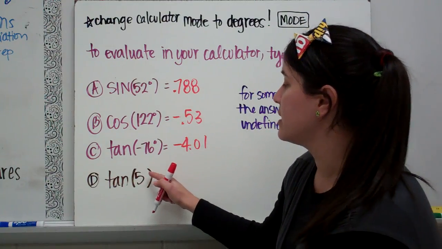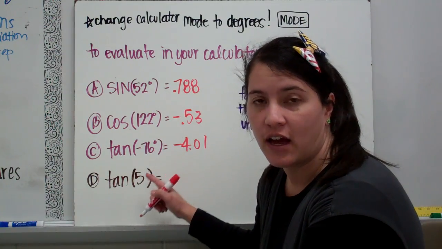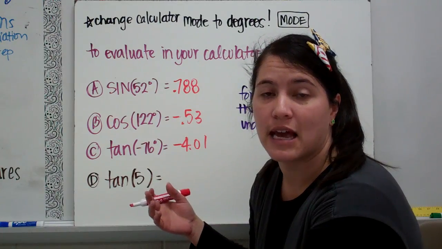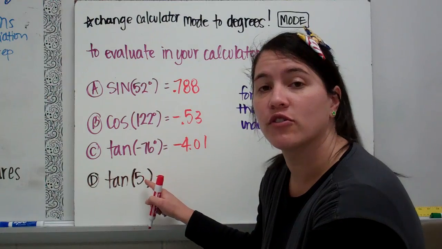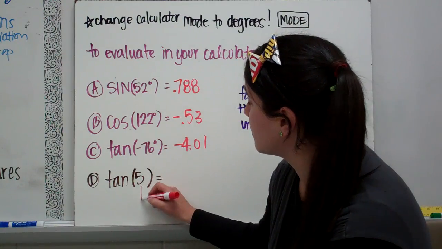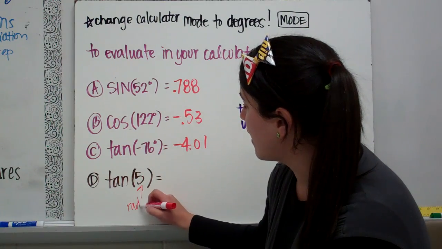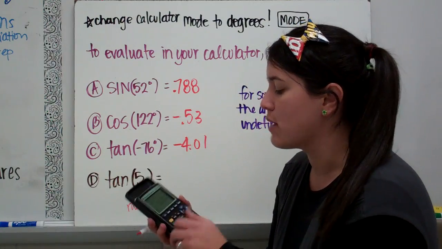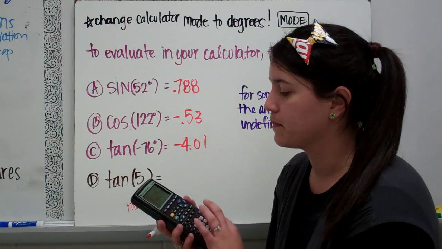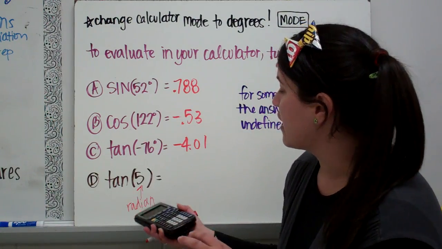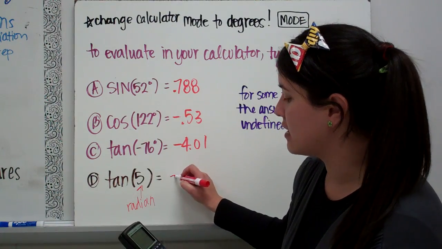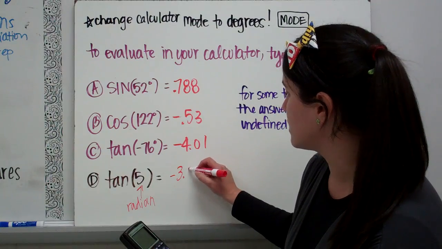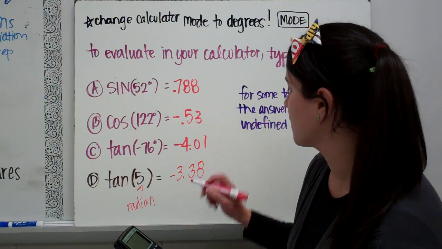Now, if you have a problem and it doesn't have a degree sign, unless the directions explicitly say every measurement is in degrees, if you have a tangent of 5 and there's no degree sign, then it could possibly be talking about radians. Then you would have to change your mode back to radians. Then you could type in tangent of 5, and it comes out to be negative 3.38.